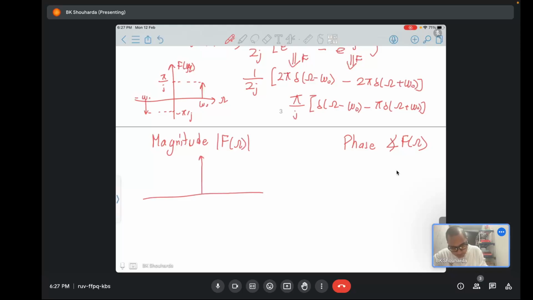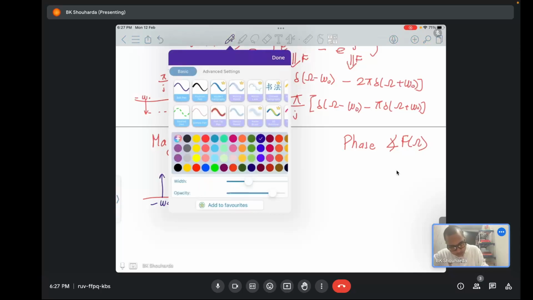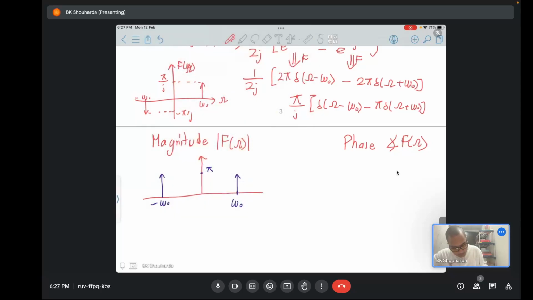The magnitude at omega naught is pi, and for the phase you have 1 upon j, that's minus 90 degrees for omega naught, and for minus omega naught this is plus 90 degrees.